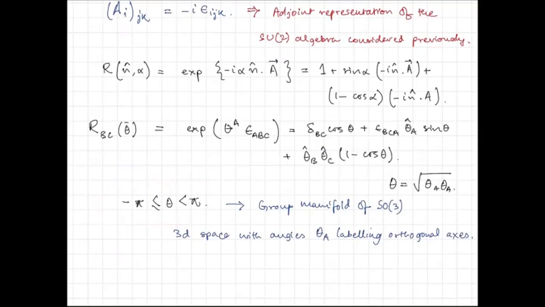So SO3 is essentially a group manifold which is the inside of a sphere and its surface, and the radius of the sphere is given by pi.